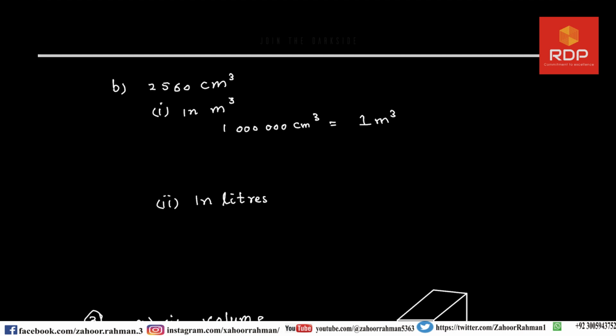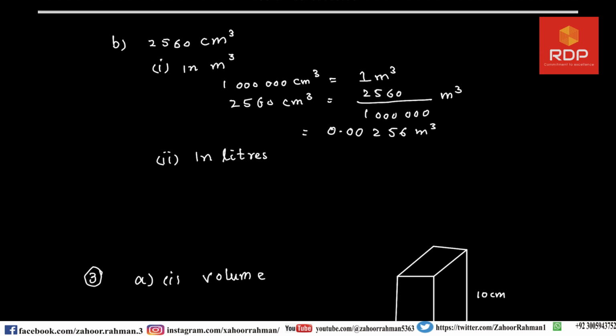So 2560 centimeter cube will be equal to, again we have to divide 2560 by 1 million, and that will be in meter cube. So if we calculate it, we will get 0.00256 meter cube.